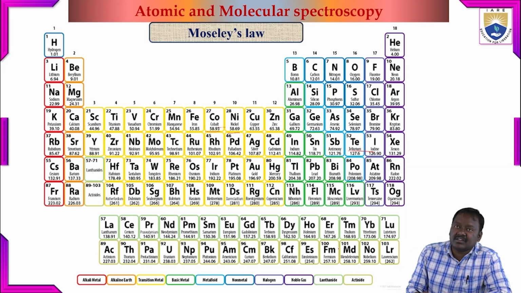These elements were not there in the periodic table earlier, so those gaps were identified by Moseley. Okay, so there is a proficient identification of atomic structure by Moseley's laws, which use the X-ray spectrum of elements.